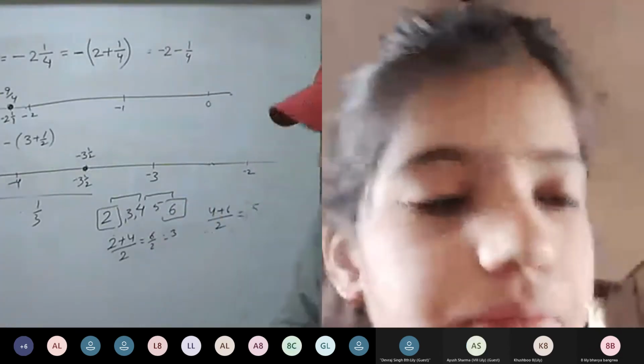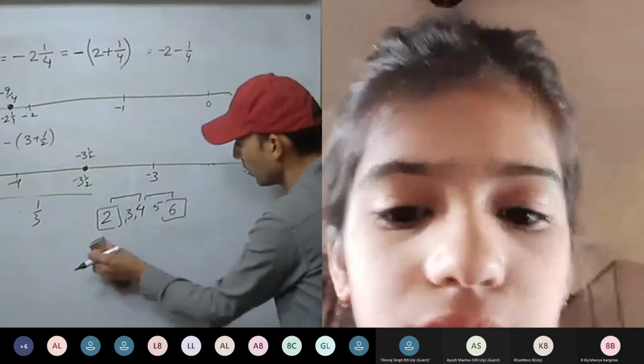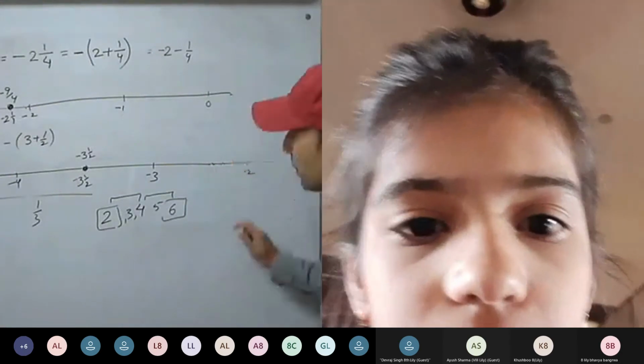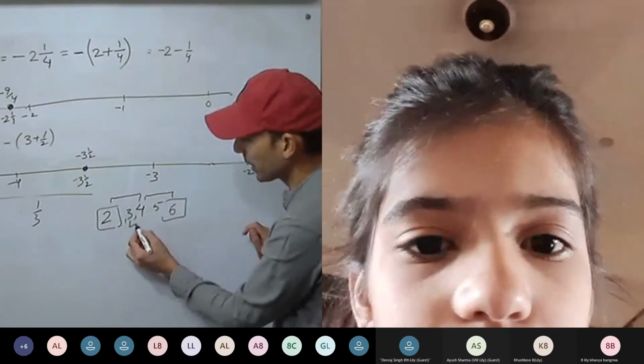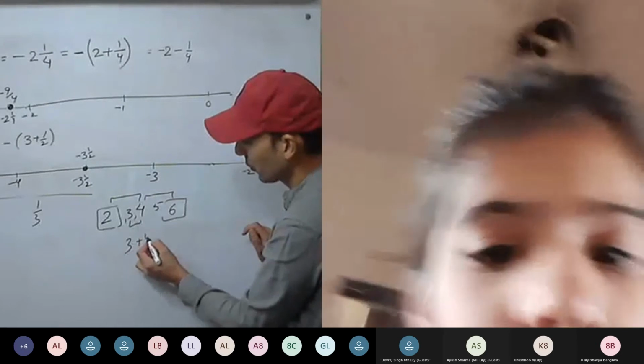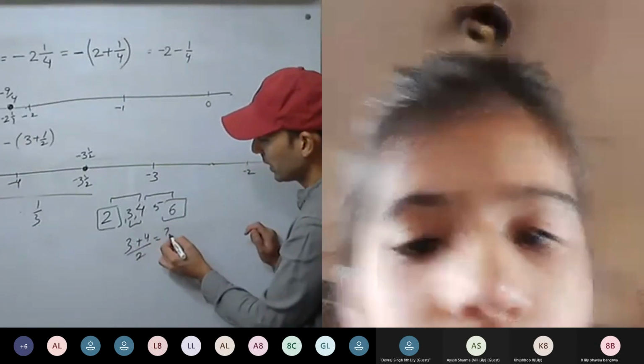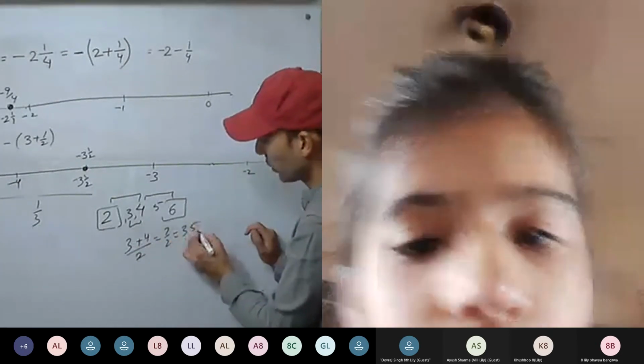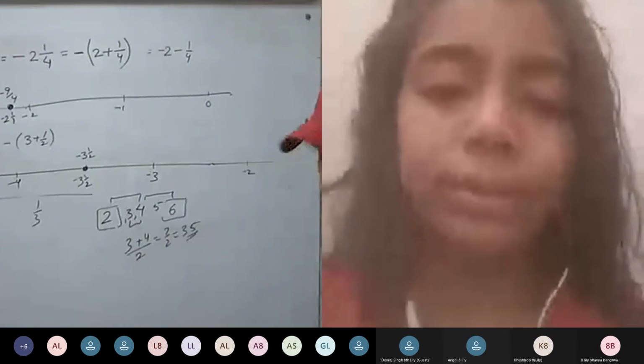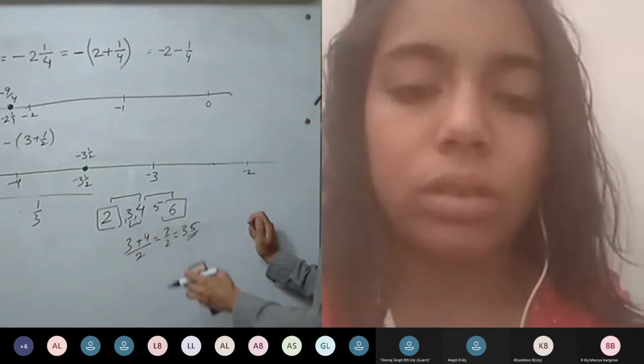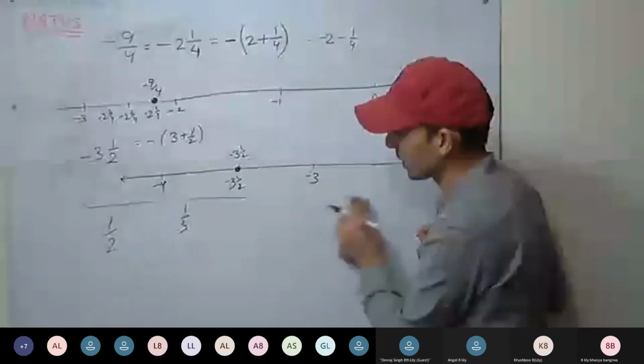Again, insert one more: take any two of them, for example 3 and 4. 3 plus 4 divided by 2, 7 by 2, 3.5. This way we can insert infinite rational numbers between any two rational numbers.